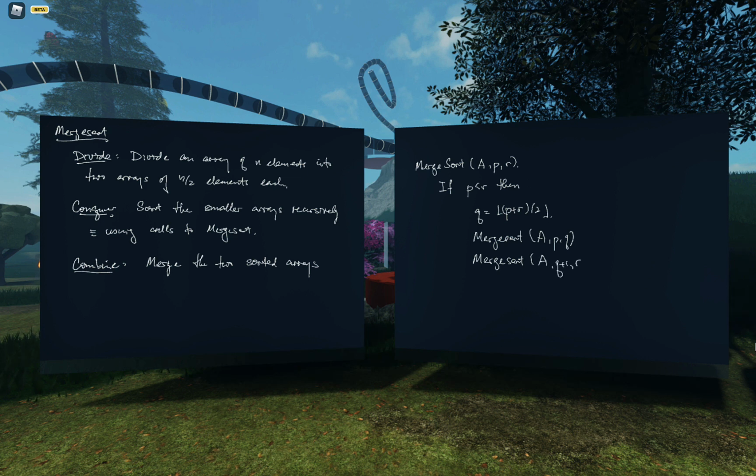Then merge sort on A, Q plus 1, R, and then I'm going to merge. This merge is that linear operation I was talking about: P, Q, R. Else, return. I guess this is assuming that we're doing it in place, so I'm returning nothing, but I can just return A.